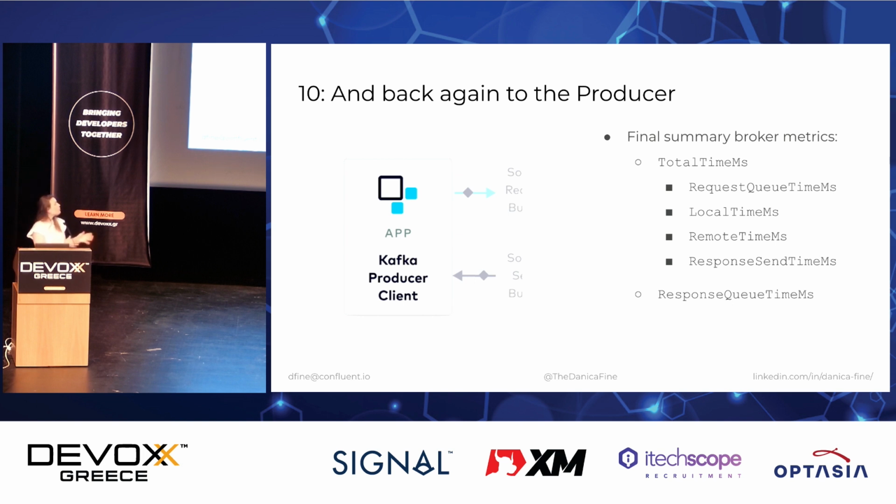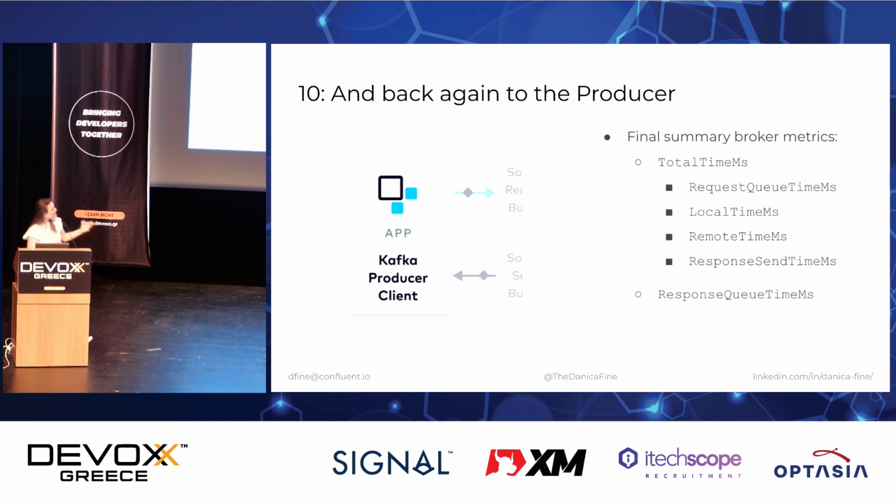So a few summary metrics for the whole time of this. We have total time MS. From the broker's perspective, this is the total time that it takes for them to handle this request. So we have the request queue time, the amount that it sits on that request queue, the local time that it takes to actually store the data from the IO threads, the remote time that it takes for the other brokers to fetch successfully and write that data, and then the response send time, how long it takes to give that back.